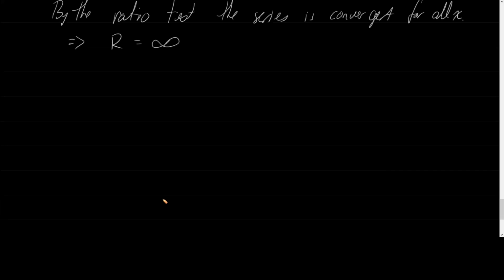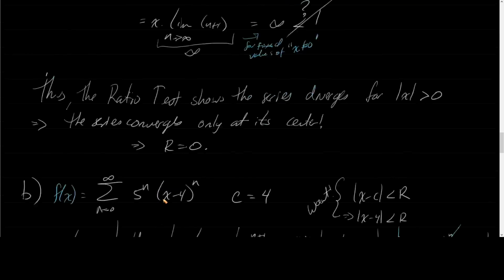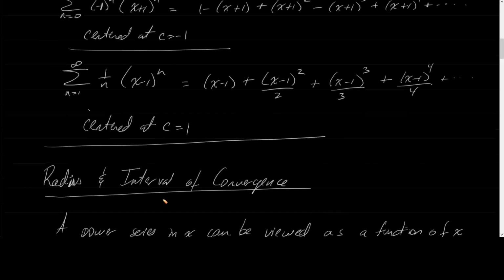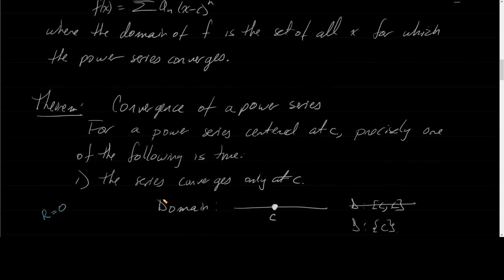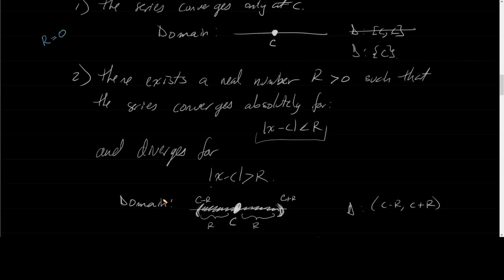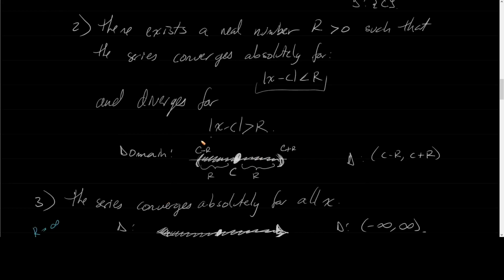Now, we mentioned, or at least I mentioned something earlier. Well, maybe I'll scroll up to remind you. Here. When I was talking about this scenario here, I said, well, as long as we're less than r, it converges.